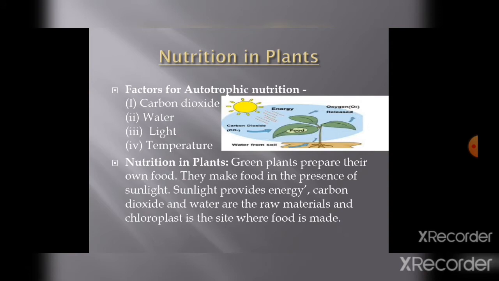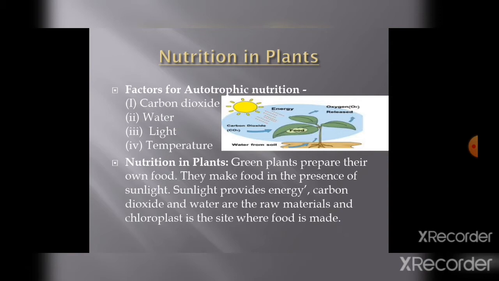The materials or factors for autotrophic nutrition are carbon dioxide, water, light and temperature. In nutrition in plants, the green plants prepare their own food in the presence of sunlight, with the help of raw materials, and store it in the form of starch.